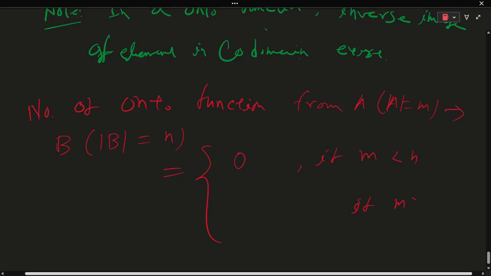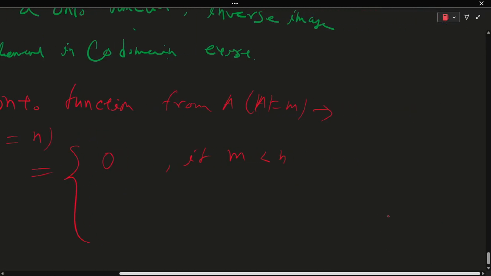If m is greater than or equal to n, then you can count the onto functions: n to the power m, minus nC1 times (n minus 1) to the power m, plus and so on, up to minus 1 to the power k times nCk times (n minus k) to the power m.